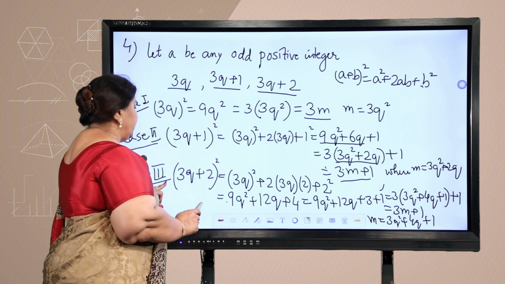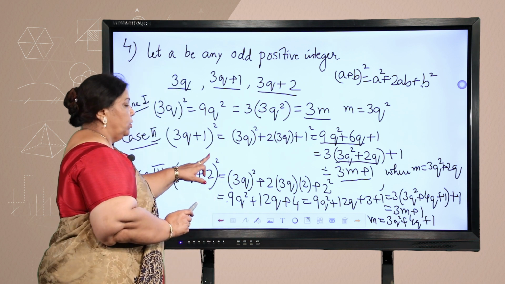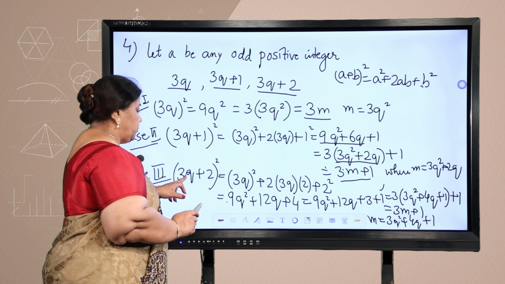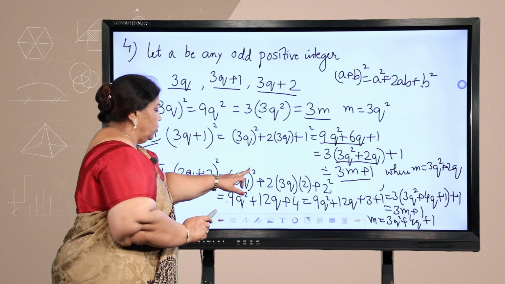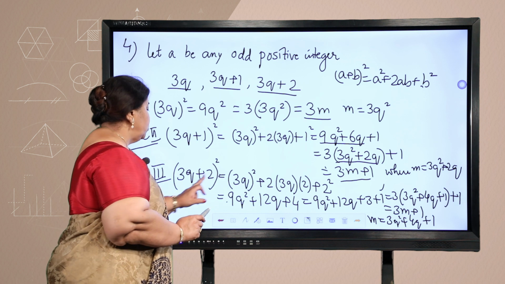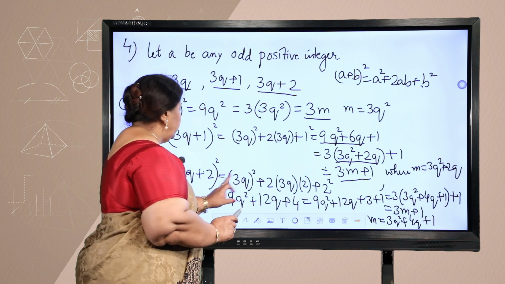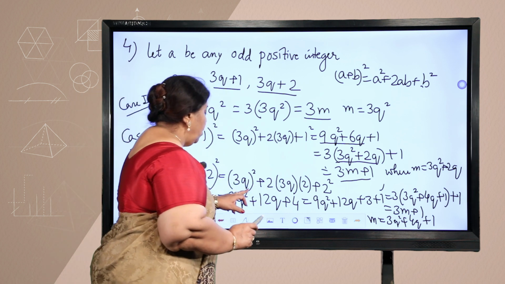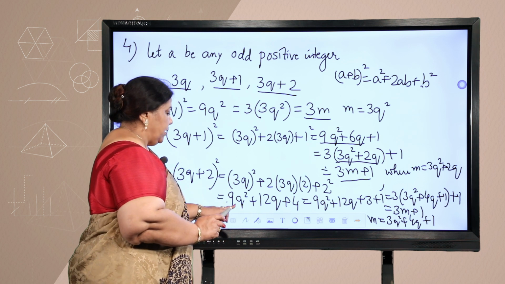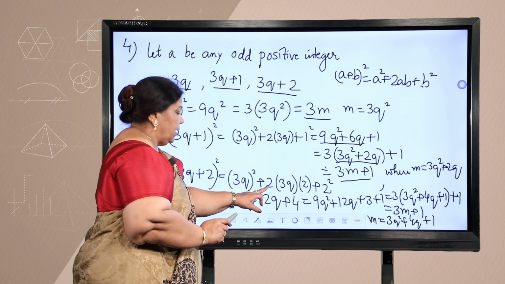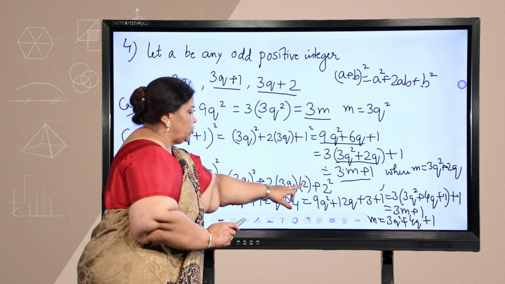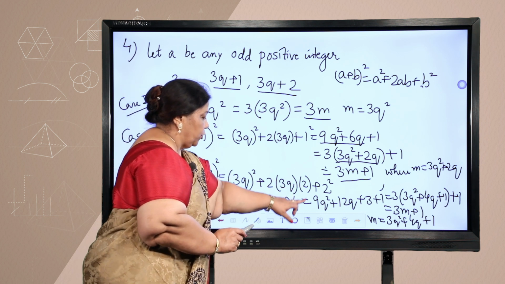Now, in the third case, we have (3q plus 2) whole square. We can expand and we get (3q) whole square plus 2 into 3q into 2 plus 2 square. On solving, we get 9q square plus, 2 threes are 6, 6 twos are 12q, plus 4.